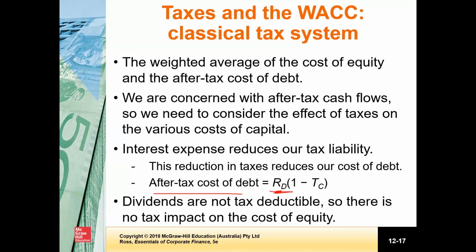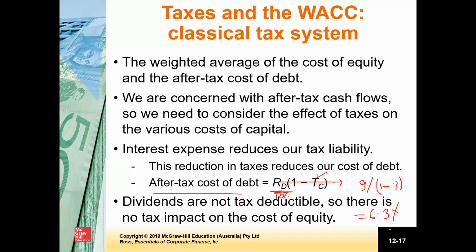So when you are paying a cost of debt of, for example, 10%, due to the tax deductibility, your after-tax cost of debt will decrease. That is called the tax deductibility, or the tax advantage, or the tax benefit. For example, if your cost of debt is 9% and the tax rate is 30%, so 1 minus 0.3, your after-tax cost of debt will be 6.3%.